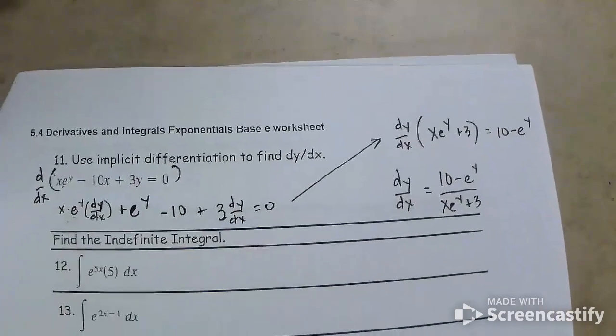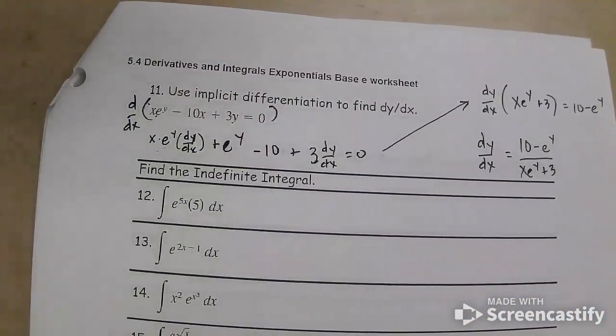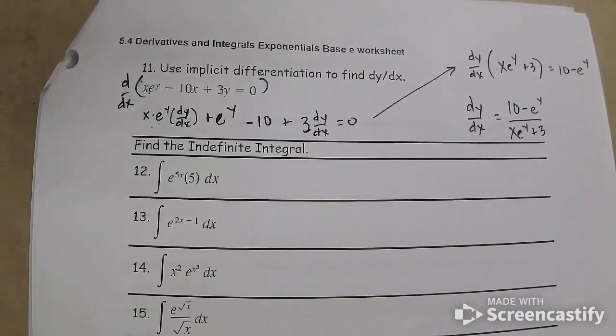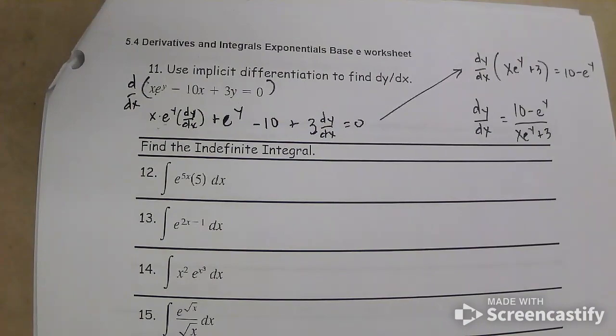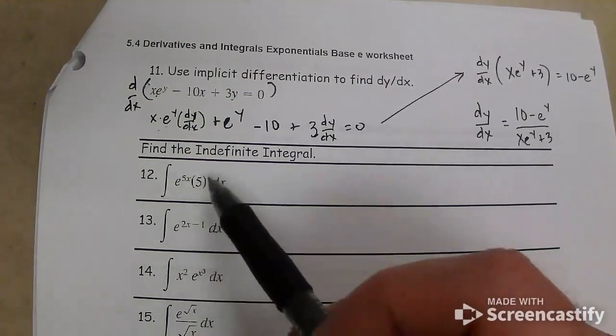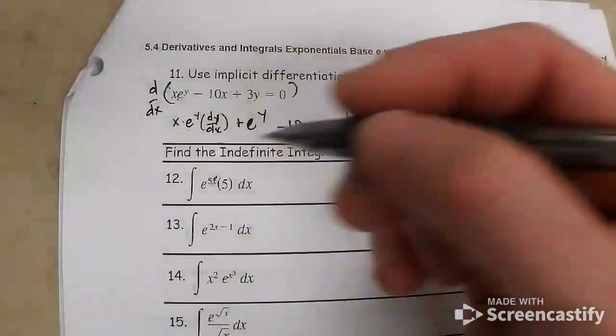Okay, now use substitution with integration, okay? Some of this stuff's going to be pretty straightforward, but again, the antiderivative of e to the x is going to be e to the x. But if we have something like this where the derivative is something other than 1, then we're going to have to use substitution.